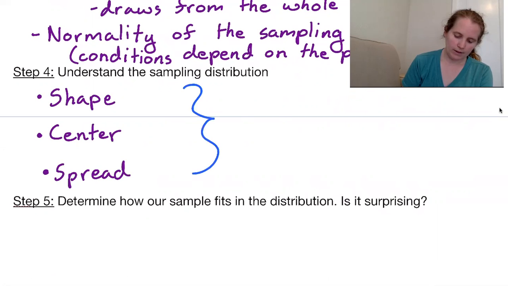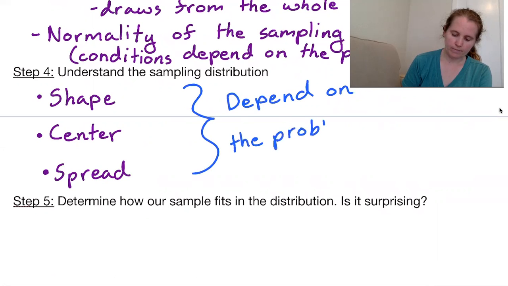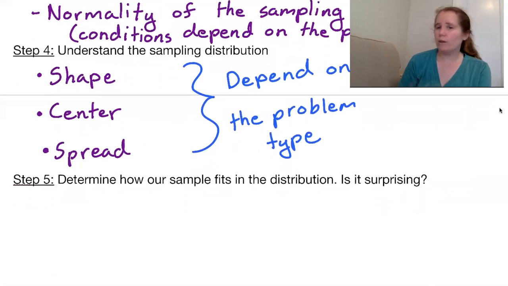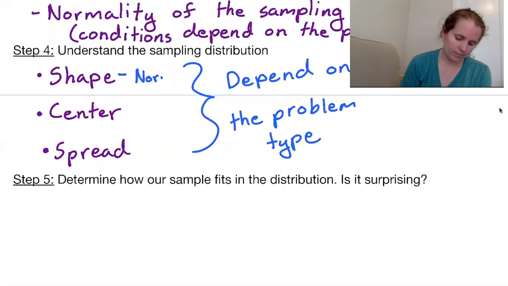We will have normal, it's just the condition that will change. So we hope for normal.